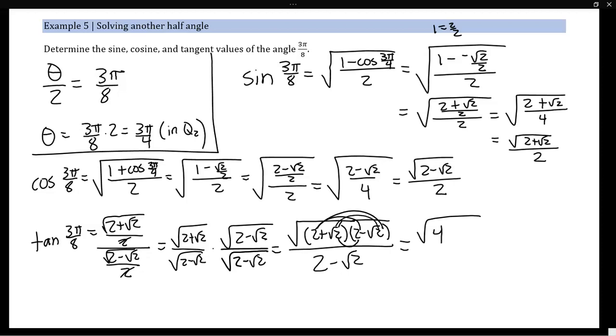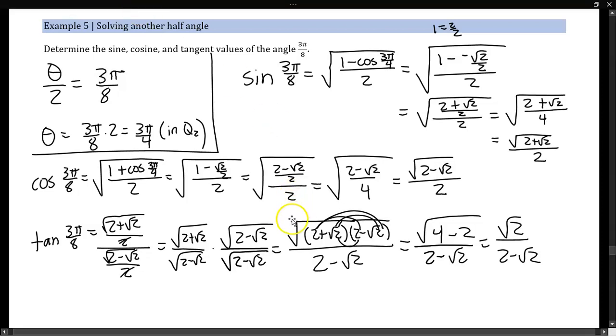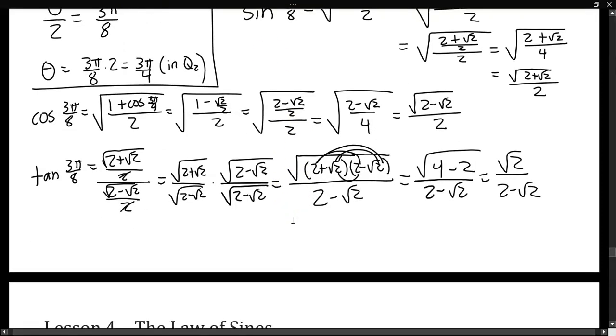So then root 2 times root 2 is just going to be minus 2, all divided by 2 minus square root 2, which is the square root of 2 divided by 2 minus square root 2. So we could do that if you wanted to just use the sine and cosine values of the half angle. But in my opinion, generally what's simpler is to just use the formula.